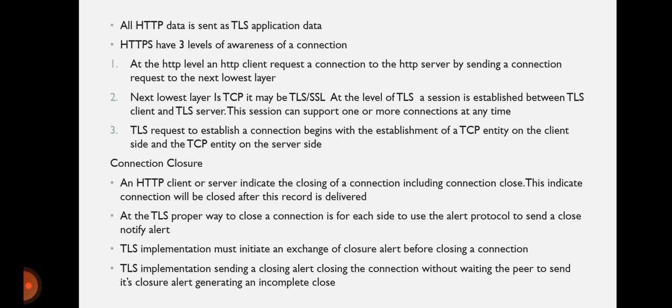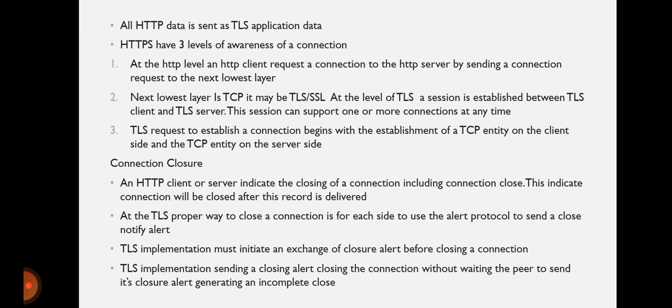HTTPS has 3 levels of connections. At the first, HTTP level, the client requests a connection to the HTTP server by sending a connection to the lowest level. The next lowest layer is the TCP. At the level of TLS, a session is established between the TLS client and TLS server.